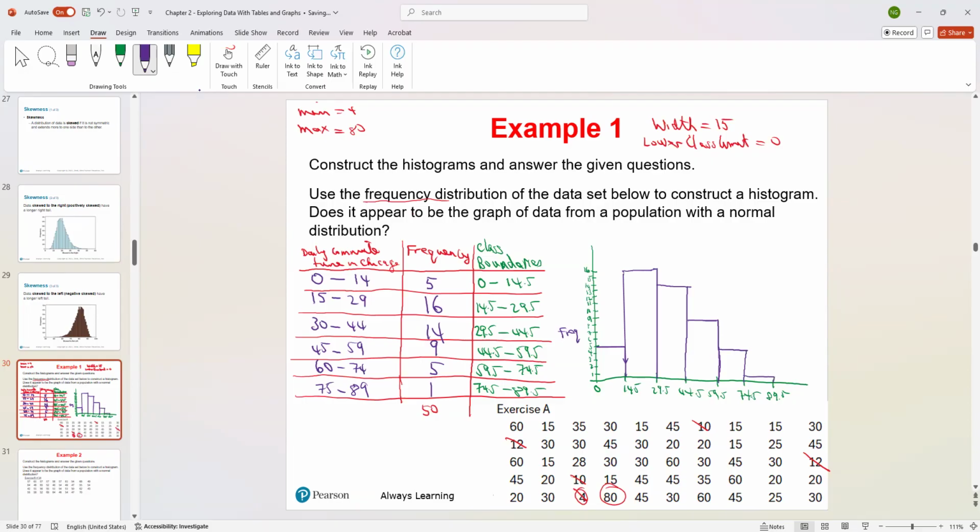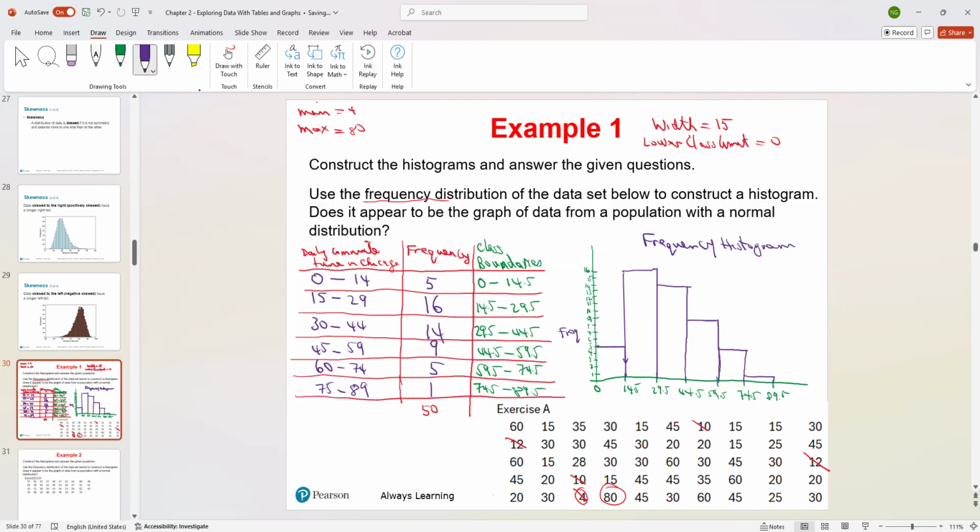Remember, this is a frequency histogram. First of all, you need to make sure you use the class intervals to construct the class boundaries.